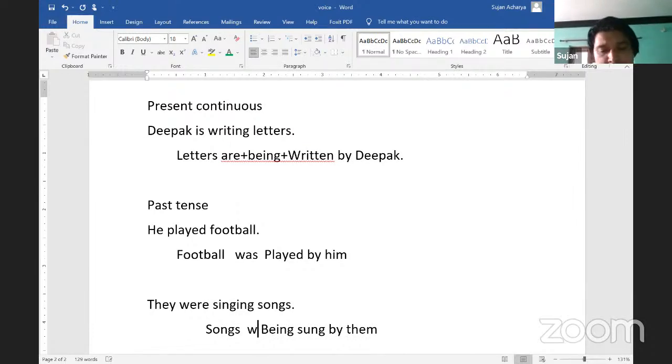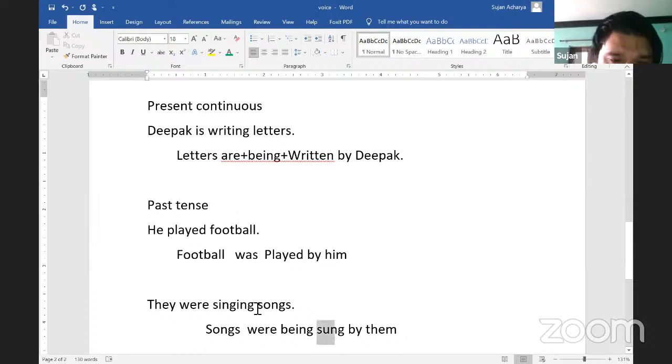Songs means plural, were. Songs were being sung. Where did this being come from? Because the sentence is in continuous tense, we have to add it before the V3 form of the verb.